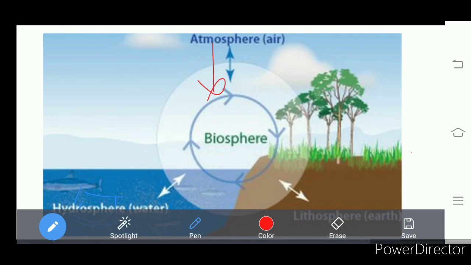So all these three realms are very important for us. They are deeply interrelated and influence each other. Right or not? We, the part of biosphere, are influencing the lithosphere. How? We are changing the lithosphere.